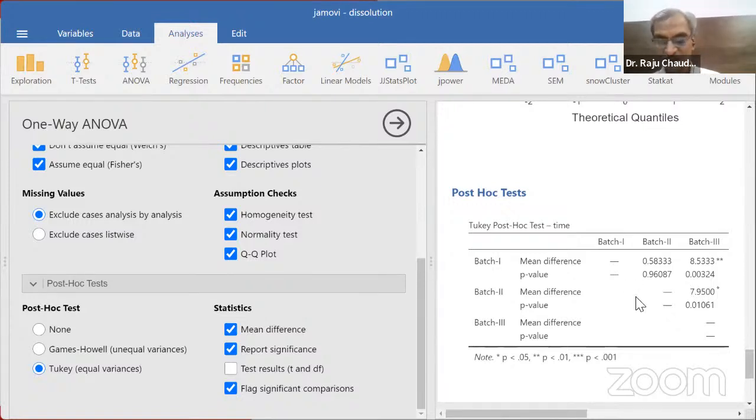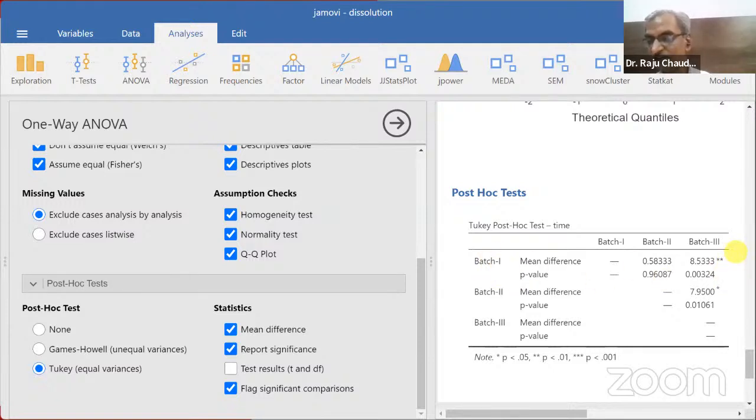See, once I have ticked this option, batch 1 and batch 3 show 2 stars. Batch 2 and batch 3 show a single star. Now why this star? So look at the p-value for these.